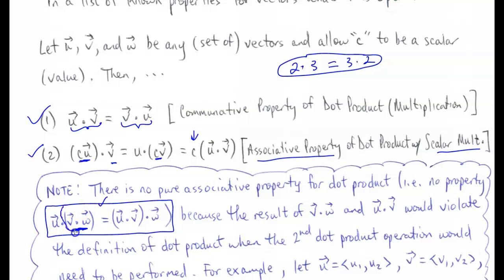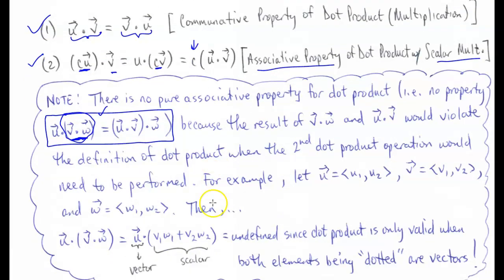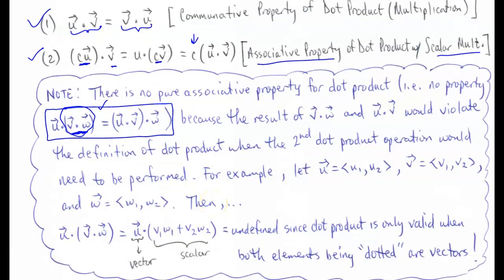And that's mainly because remember that the outcome or result of dotting two vectors together is going to be a scalar. Okay. So for example here, if I let u and v be two vectors written in component form, and w, if I was to do v dot w first, notice that what I get here is a scalar. Okay.